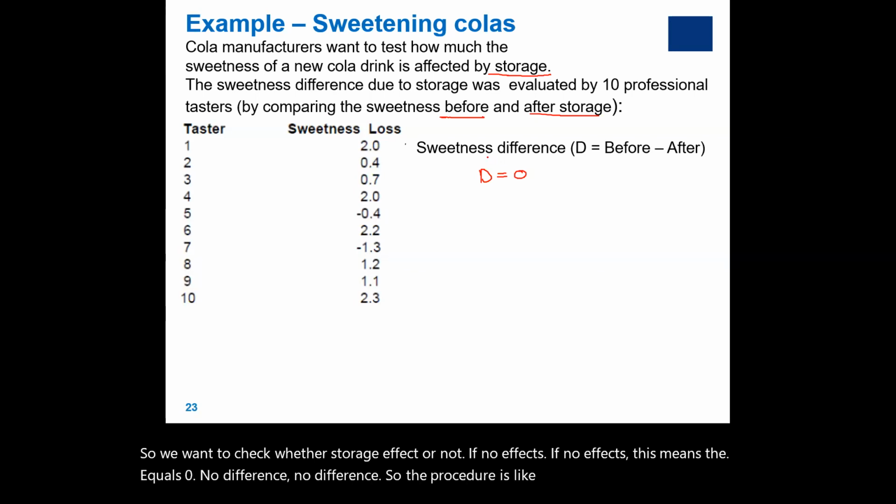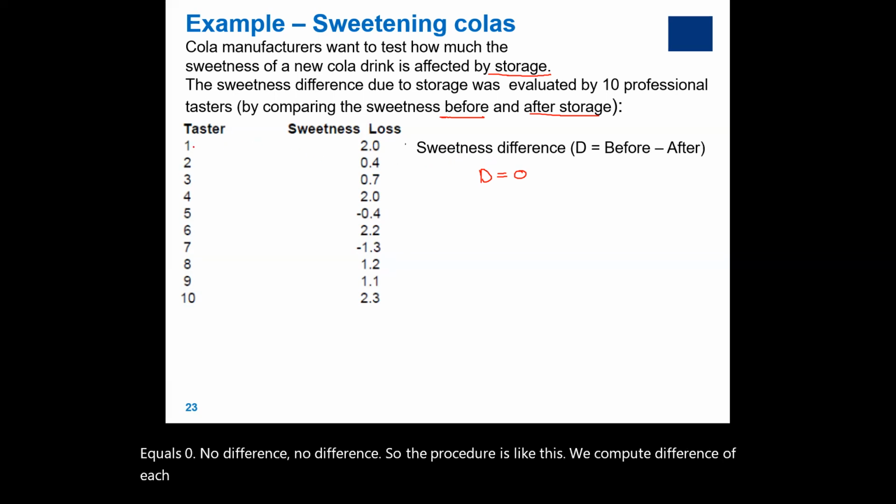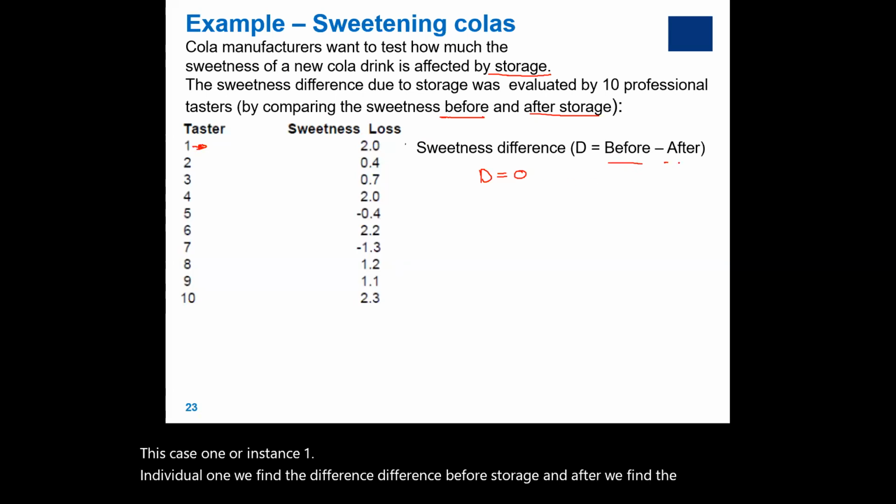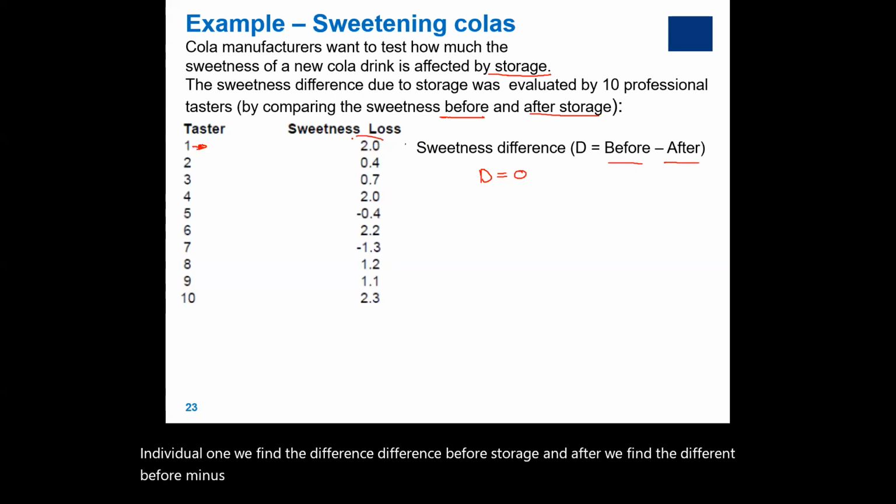So the procedure is like this. We compute the difference of each case. For case 1, individual 1, we find the difference before storage and after: before minus after.